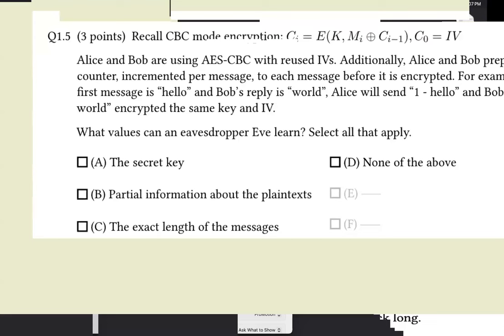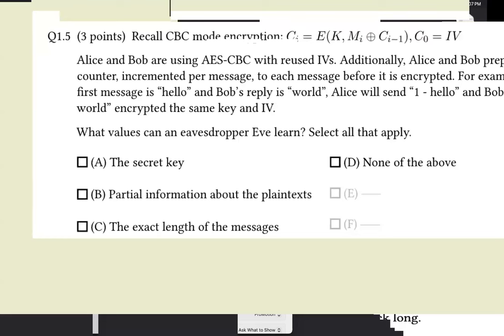Yes. The input to the block cipher would no longer be the same. Yes, it is still deterministic, right? Because even for an adversary, they know that you put 1 to the first message, 2 to the second message, 3 to the third message, but at least there are no repetitions, right?